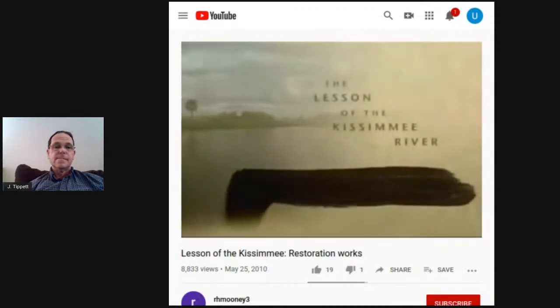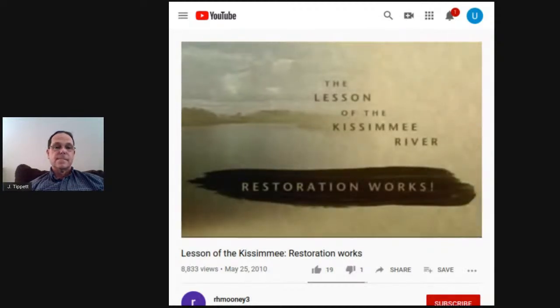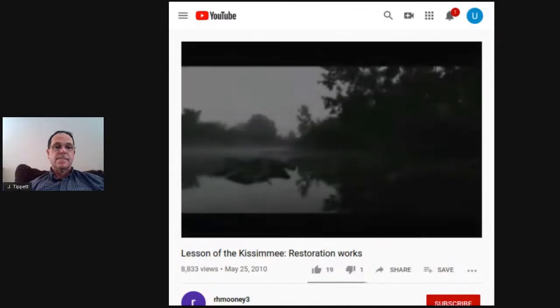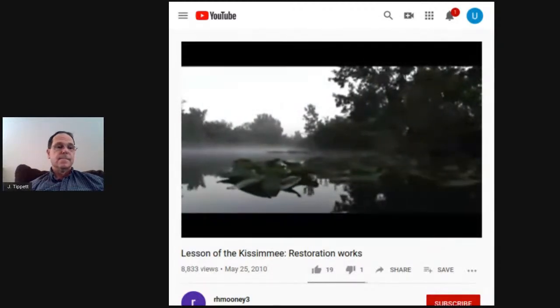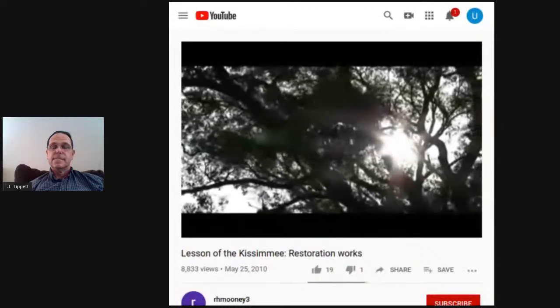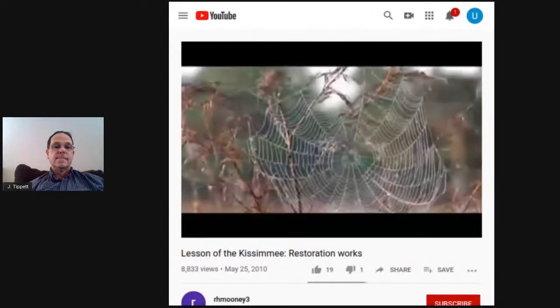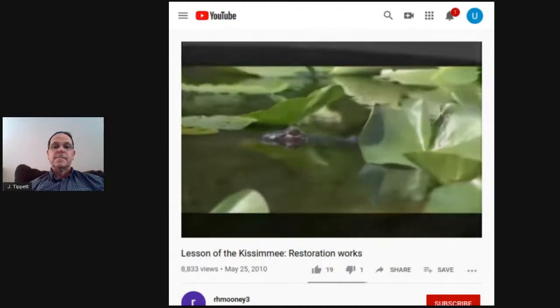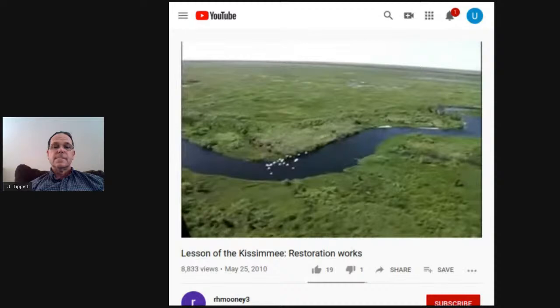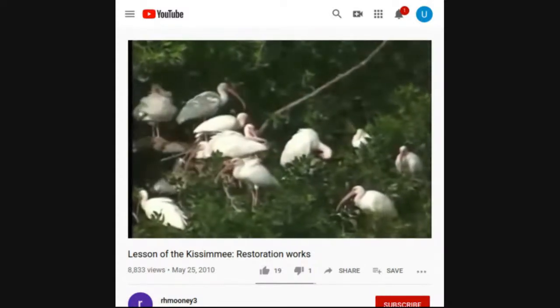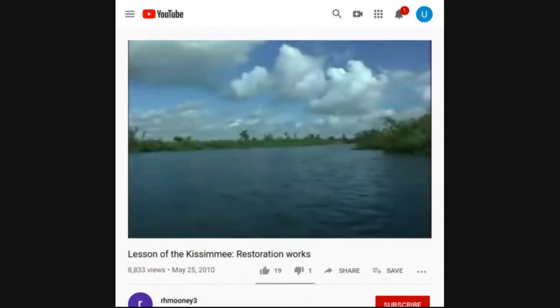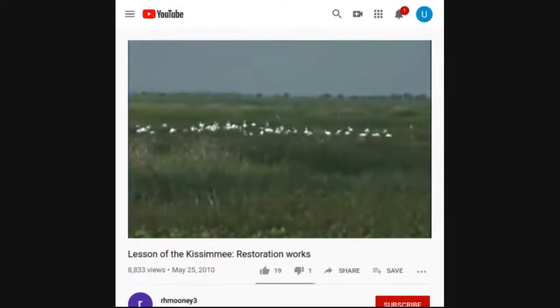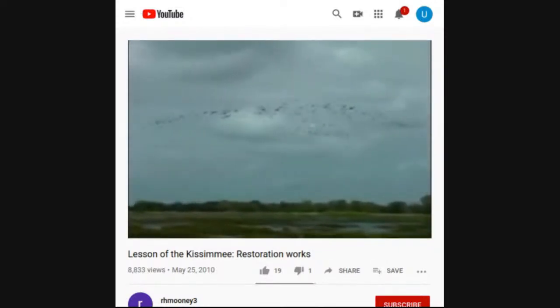The lesson of the Kissimmee River. Restoration works. Native Americans called it the Kissimmee River, or Long Water. It was gentle and meandering, a paradise for thousands of wading birds, including herons, ibis, egrets, and wood storks. During the winter months, as many as 16 species of waterfowl annually migrated to the highly productive floodplain.